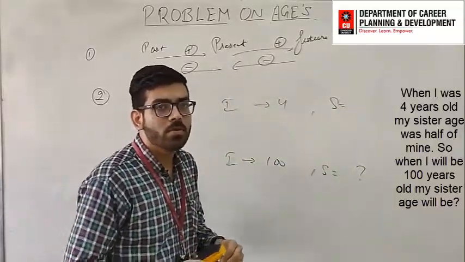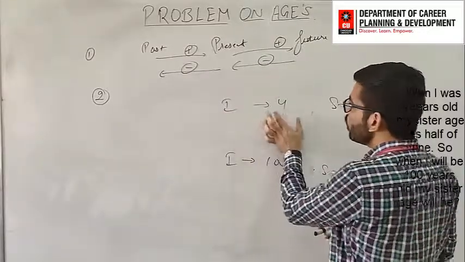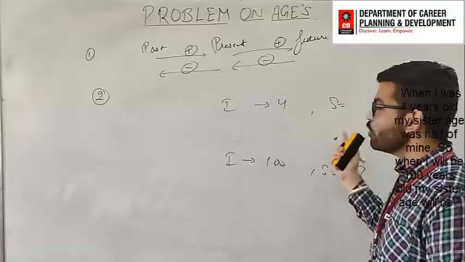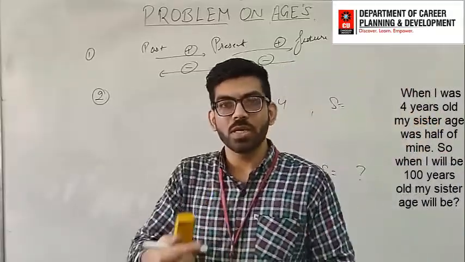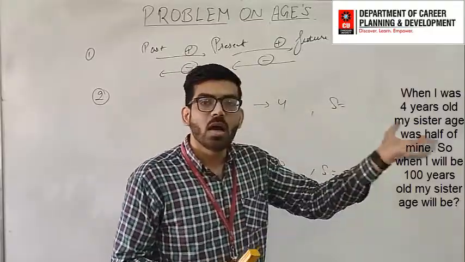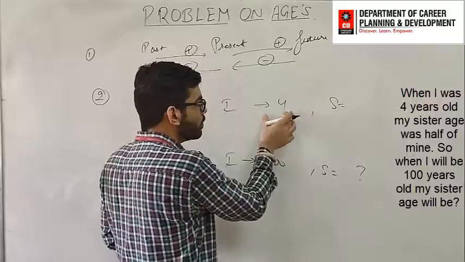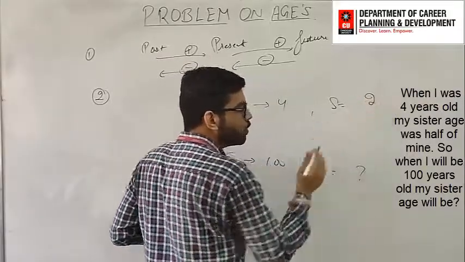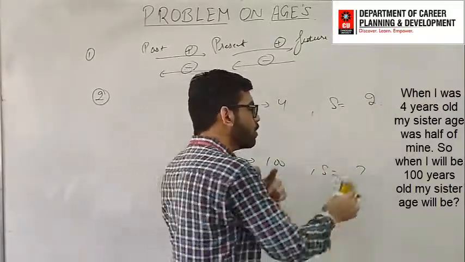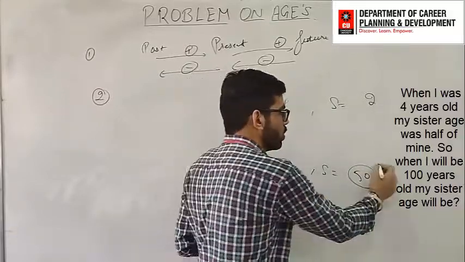Now, what did some students do? Some students thought that if I was 4 years old and my sister was half of my age, then in the same way when I am 100 years old, my sister is again half of my age. But this is wrong, because by that concept, when I was 4 my sister was 2 years old, and when I was 100 my sister would be 50.